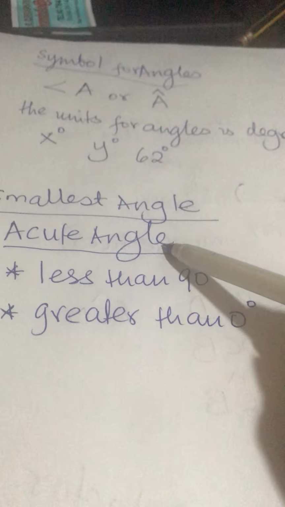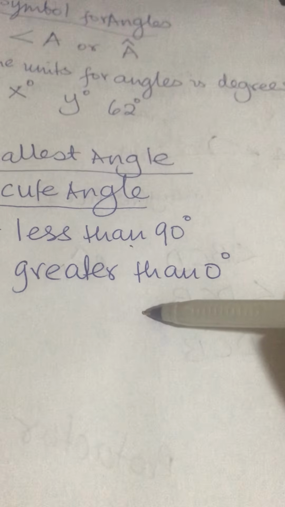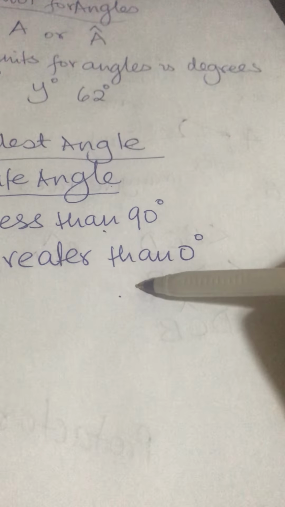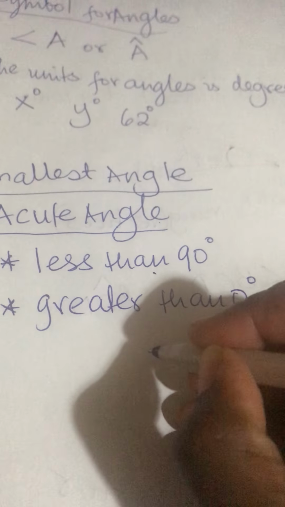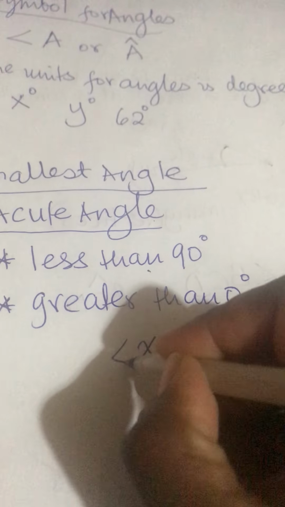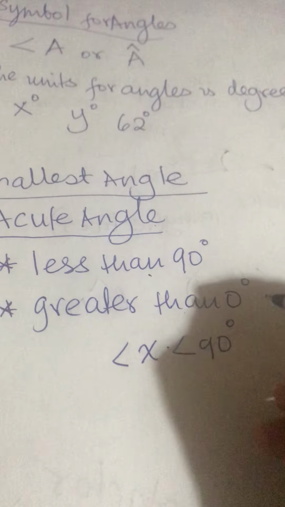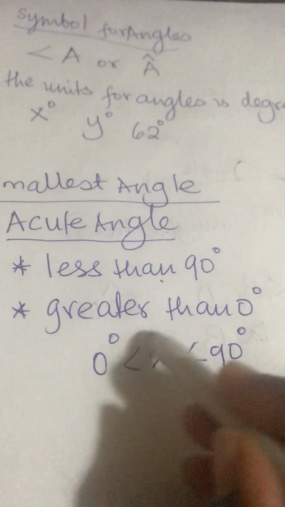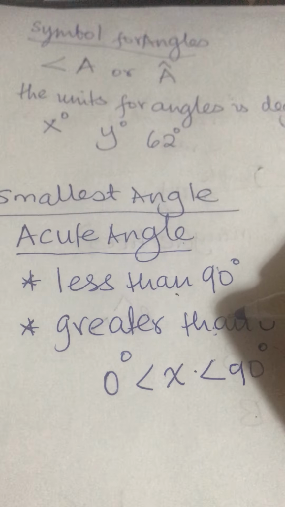Okay, an acute angle is an angle that is less than 90 degrees but greater than 0 degrees. Okay, then how do you write this using an inequality? I will put x, I will put the less than sign on the left and right, I will put 90 degrees, I will put 0 degrees. This is how you explain using mathematics. This is how you explain using words. Okay? Then you draw your picture.